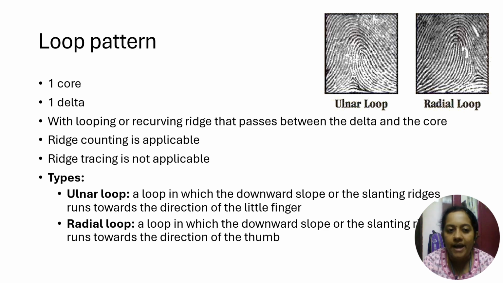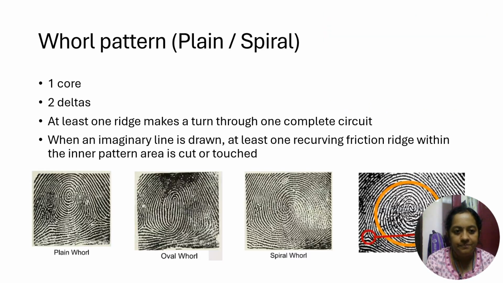Next comes the loop pattern. There will be one core and one delta in the loop pattern. As I said earlier, a fingerprint that faces the radial bone is a radial loop, and one that faces the ulnar bone is an ulnar loop. It has one core and one delta.